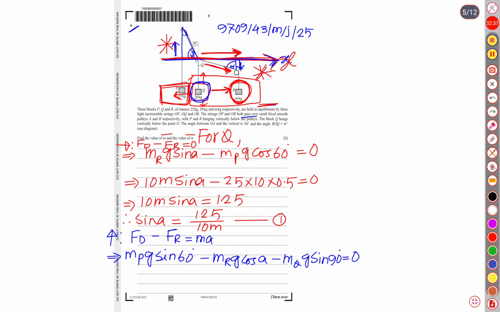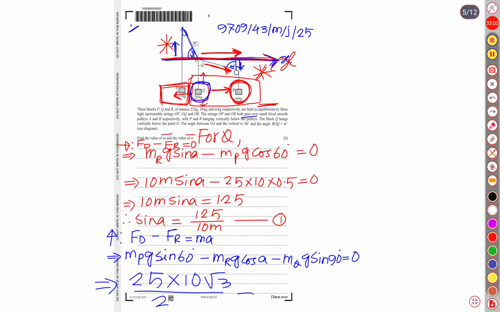If we substitute the values, the mass of particle P is 25, acceleration due to gravity is 10, and sine 60 is root 3 over 2.